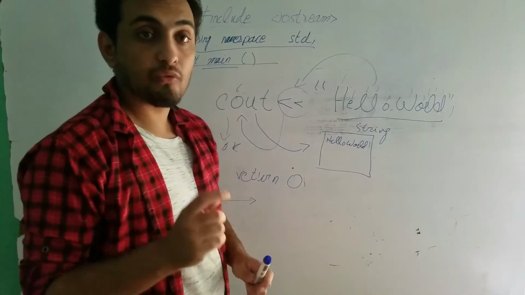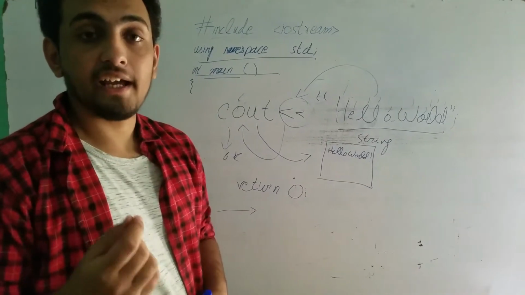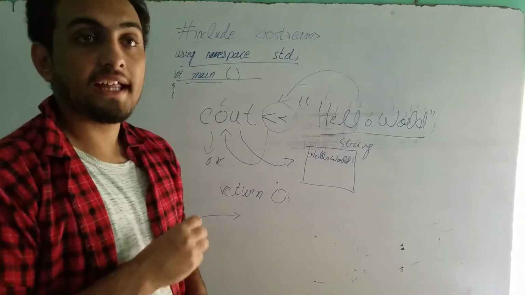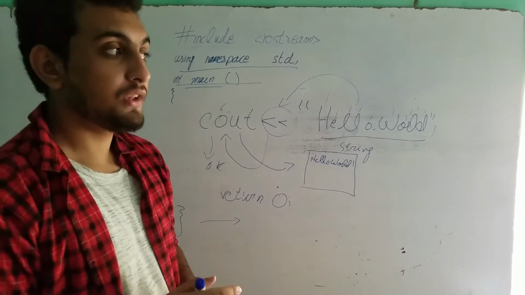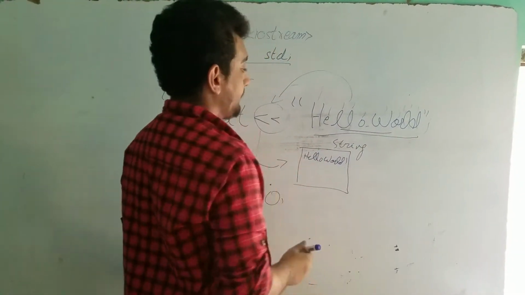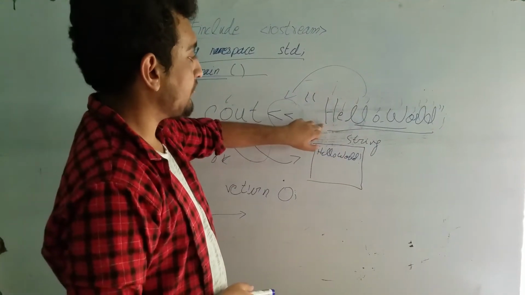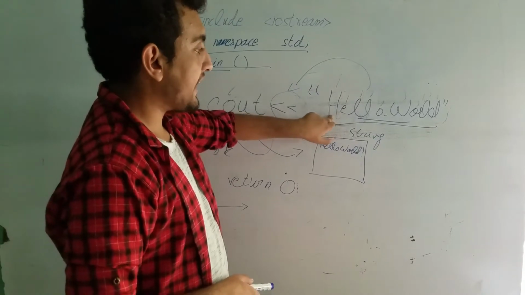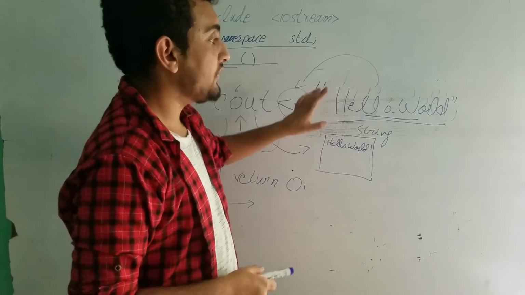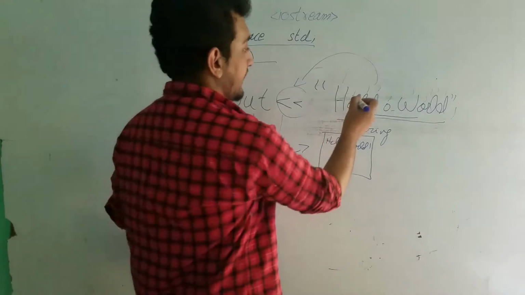But there is one place where we can write all capital, all lowercase, or any case we want to use, right here. As you can see, I use camel case here, H capital, then W capital. In the string, we can use anything we want to write. We can write like this.